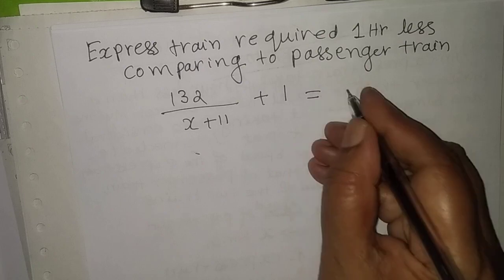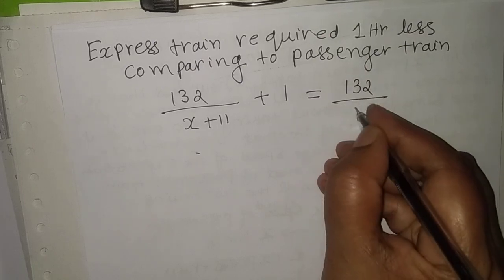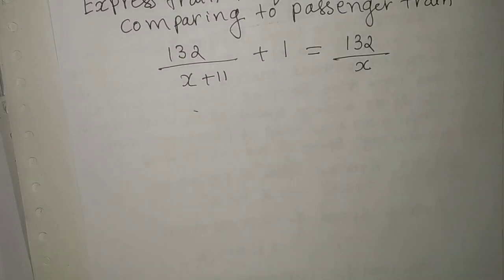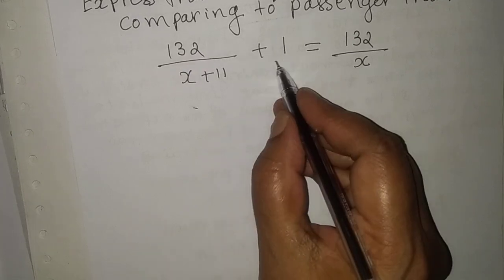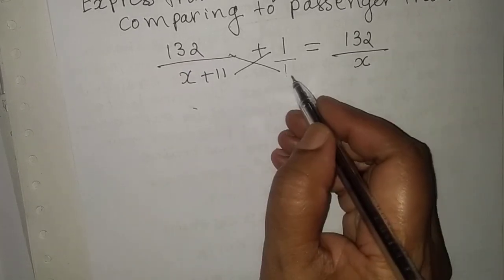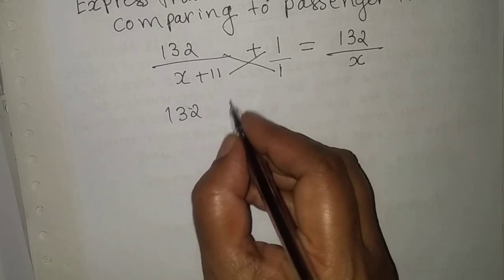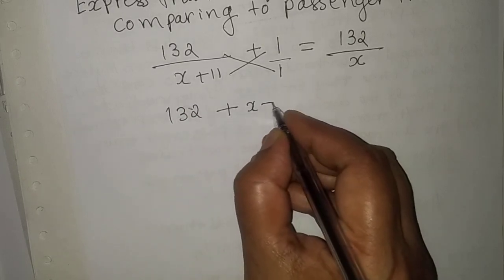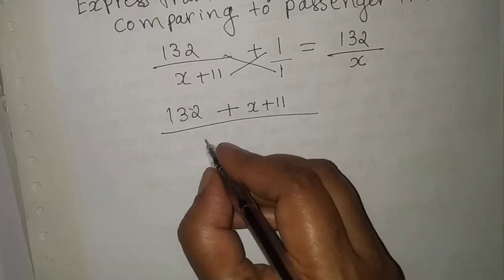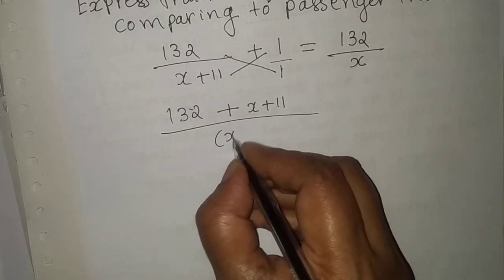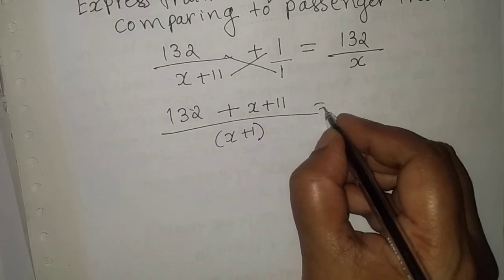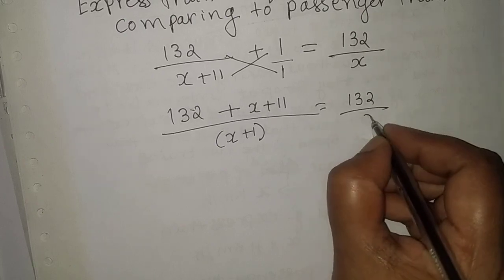Now cross multiply: 132 plus x plus 11 over x plus 11 equals 132 by x.